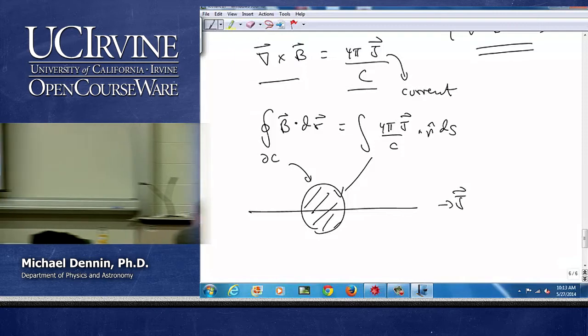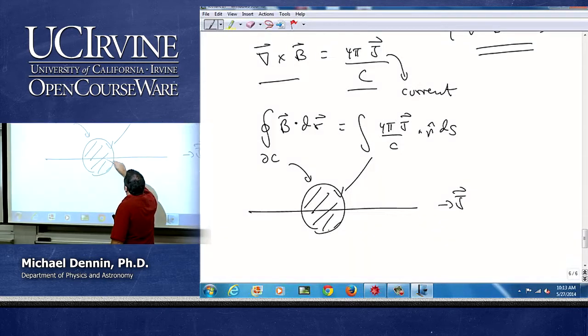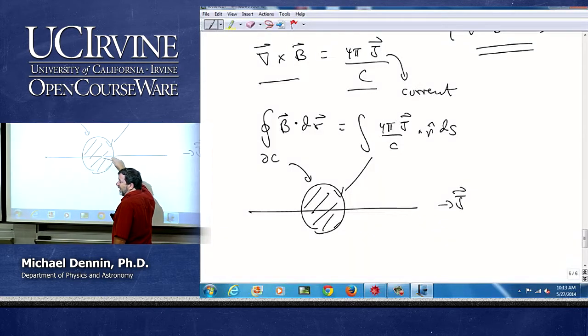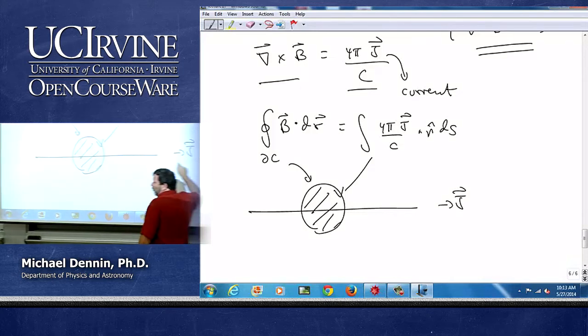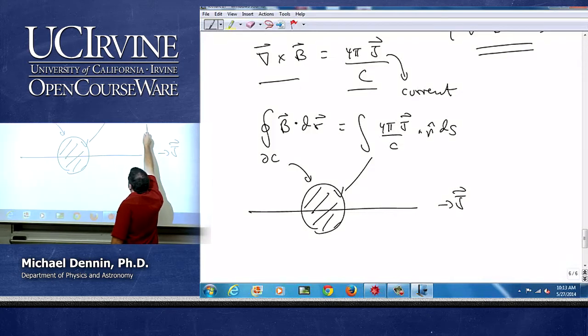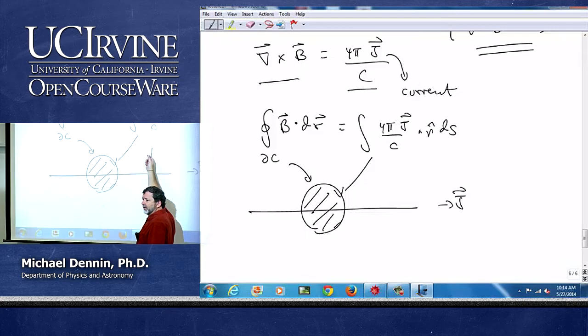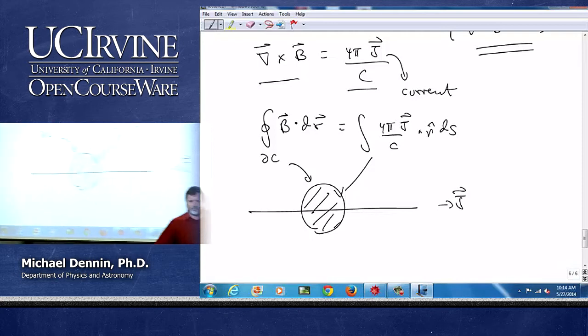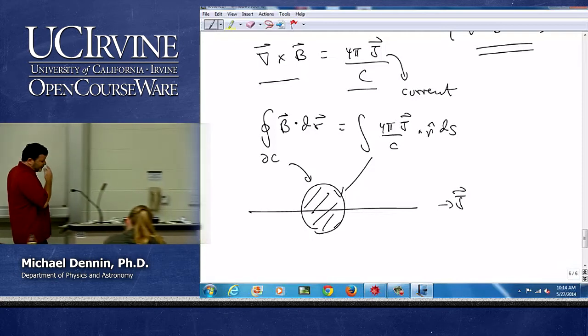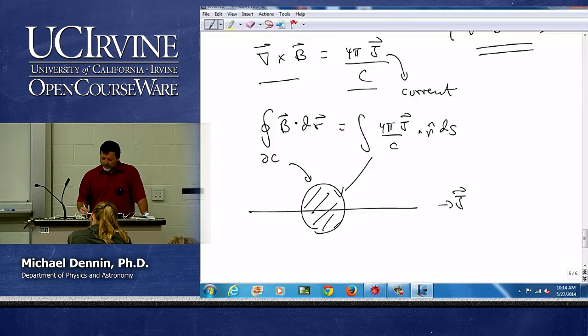So the integral on this side is going to have the J dot n dS. For an infinitely thin wire, that's just a delta function again. And that's why we often see this as the integral of B dot dr equals 4 pi over c, the current enclosed. Because J is the current density, you integrate that over the area, and you get the current enclosed.